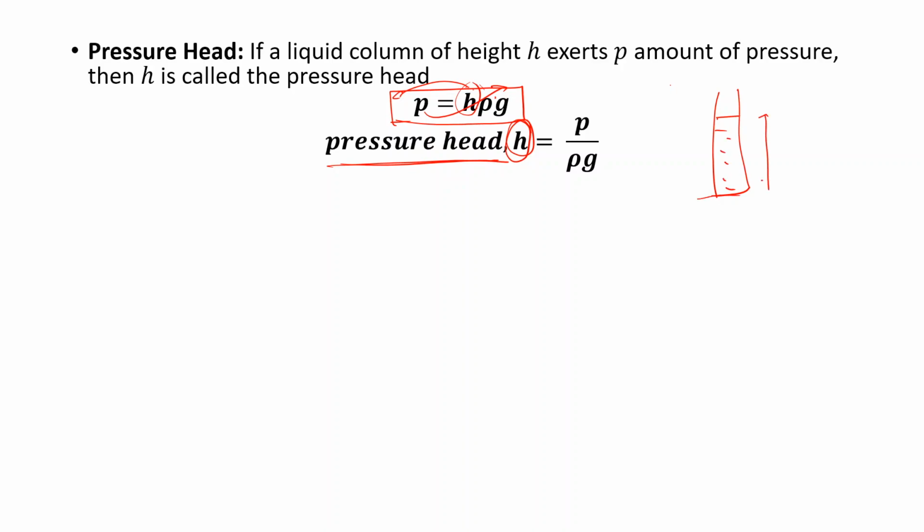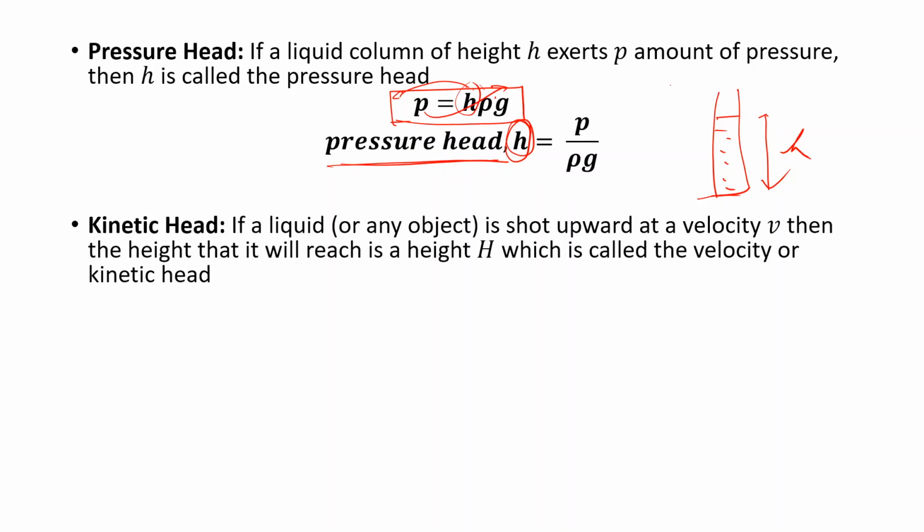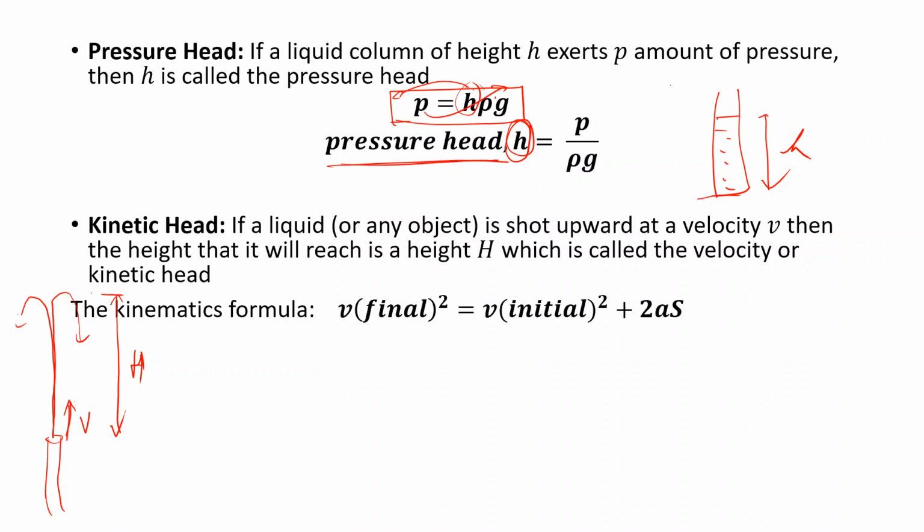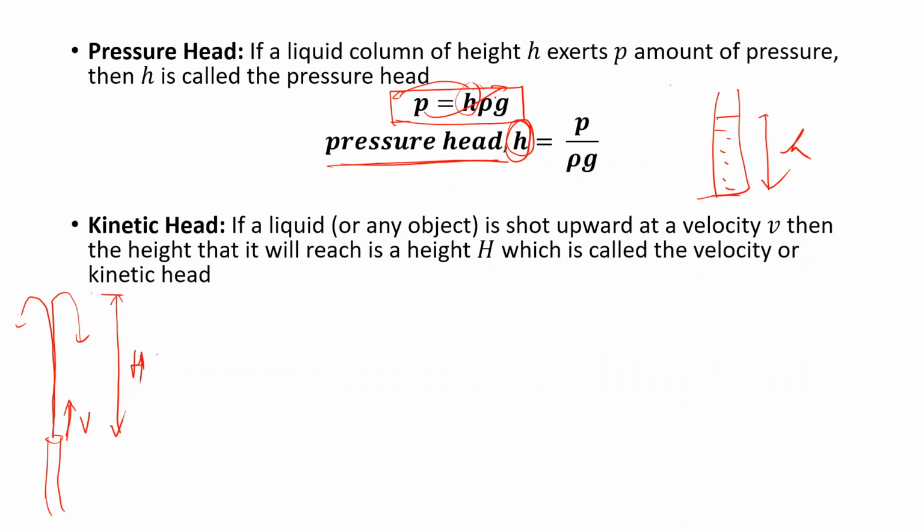Similarly, in kinetic head, suppose a liquid is shot upwards from a pipe and you're trying to see how high the liquid goes after it leaves the pipe. That will depend on the velocity. If the velocity is v, then it will reach a height h, and that height h is called the velocity head. Let's understand this with some kinematics formulas.